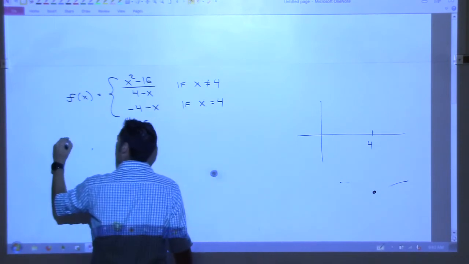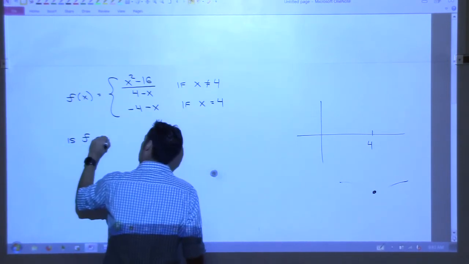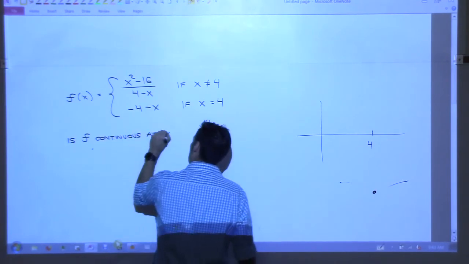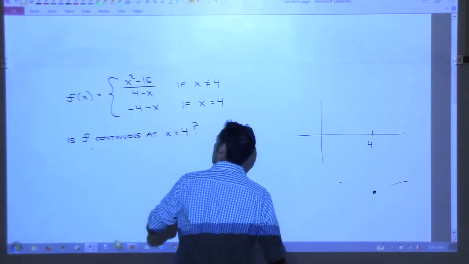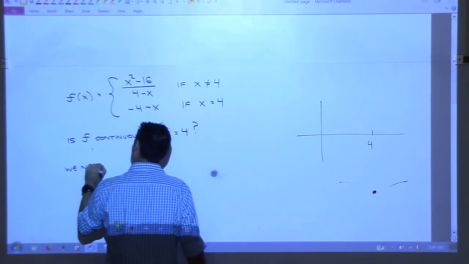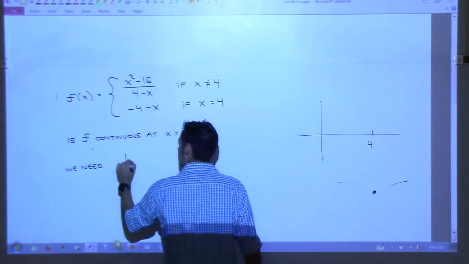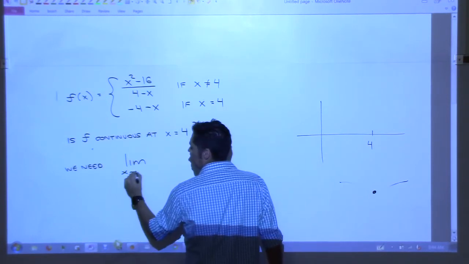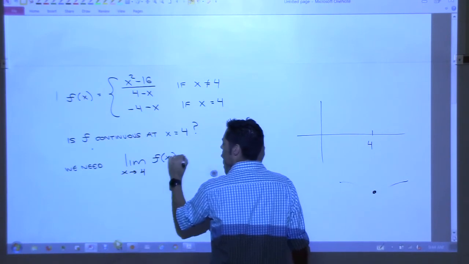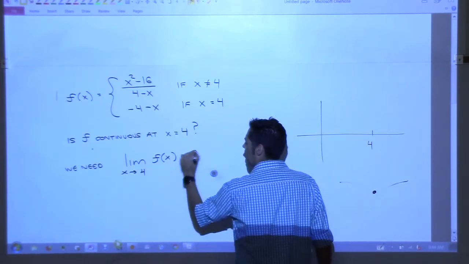So is f continuous at x equals 4? Question. All right, what do we need? We need what to be true? The limit as x approaches 4 of the function to be equal to f of 4.